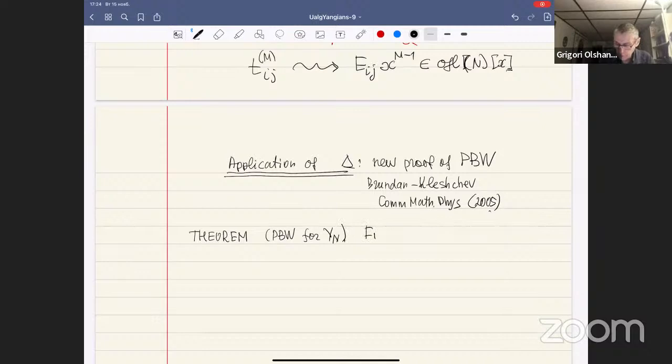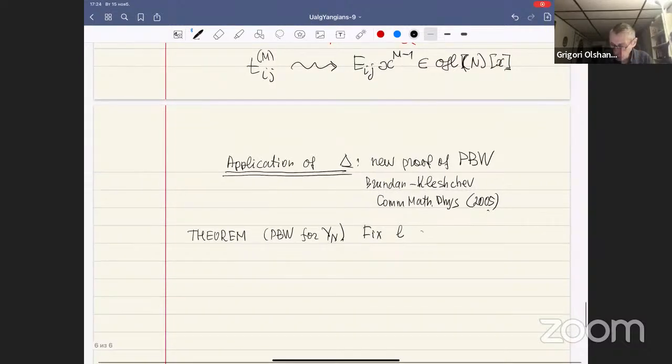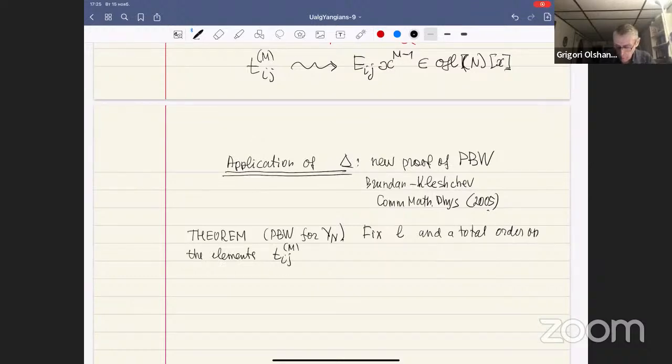Let's fix some natural L and a total order on the finitely many elements T_ij^(m), with our usual restrictions, and we also want to restrict m.